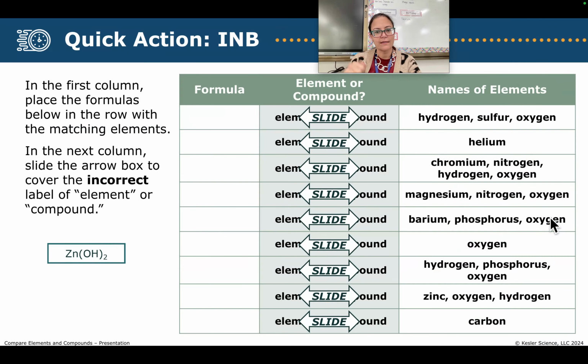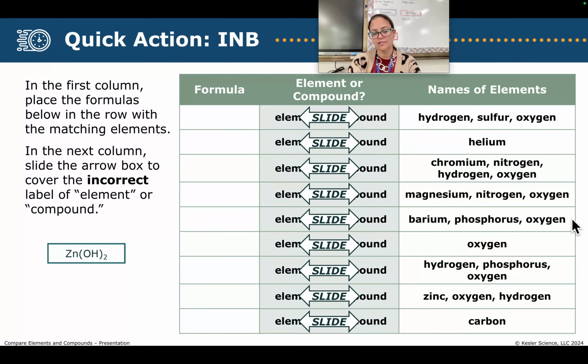All right, so quickly you would decide if these are elements or compounds. Hydrogen, sulfur, and oxygen: it has three of these things together, that'd be a compound. If we have just helium, that's an element. This one is chromium, nitrogen, hydrogen, and oxygen. So you have four different types of atoms. That's a compound. Magnesium, nitrogen, oxygen, compound.